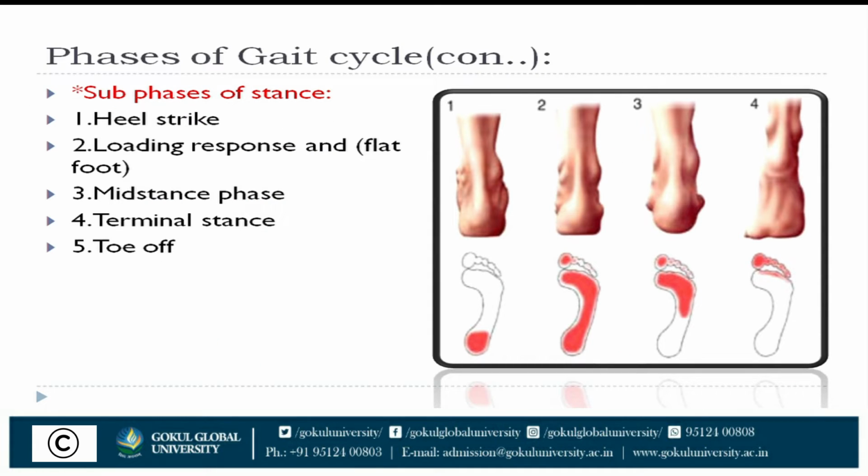Phases of gait cycle: subphases of stance. First, heel strike. Second, loading response and flat foot. Third, mid stance phase. Fourth, terminal stance. And fifth, toe off. In the picture we can see the load and force applied on different parts of the foot.